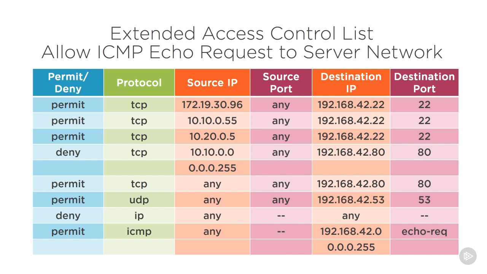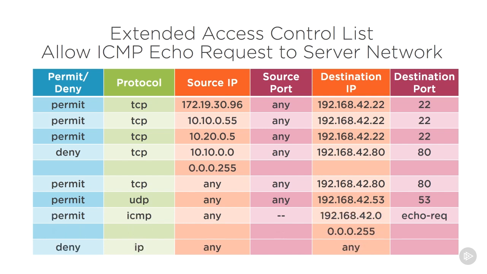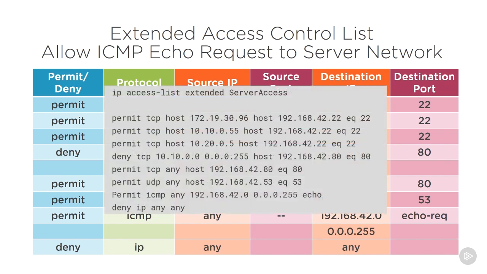Since our deny statement for everything is coming before our permit ICMP statement, we'll have to push our permit ICMP statement before our deny any. And then when we rewrite our access control list, we have that permit ICMP any source to a destination of 192.168.42.0. And then that very last word there, echo, is saying allow echo request messages through the router onto the server subnet.